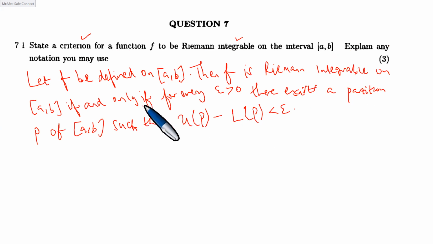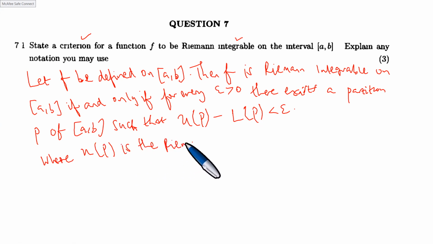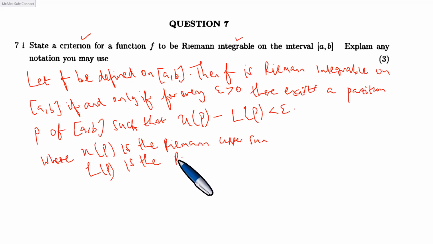Right, obviously now going on to explain any notation used. The UP used in this case, where the UPN is the Riemann upper sum, and LP is the Riemann lower sum.